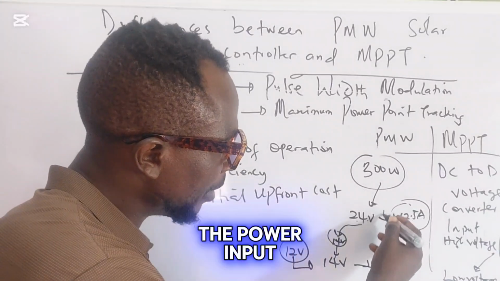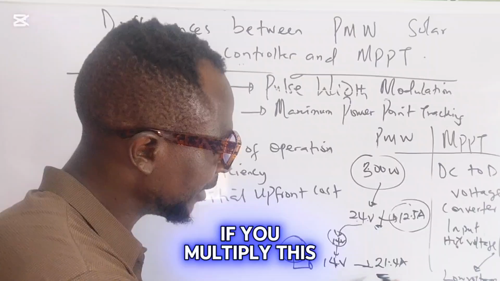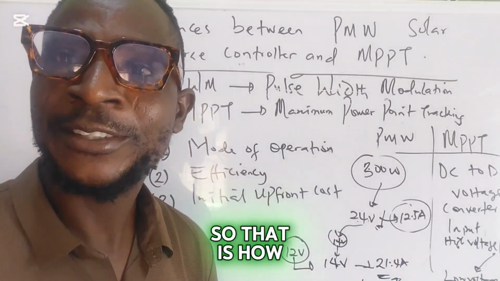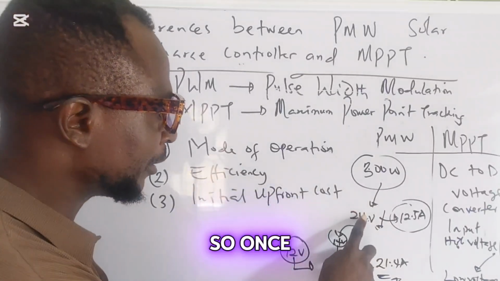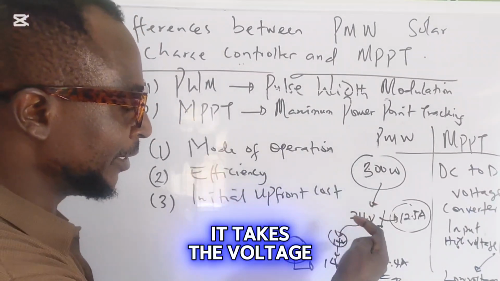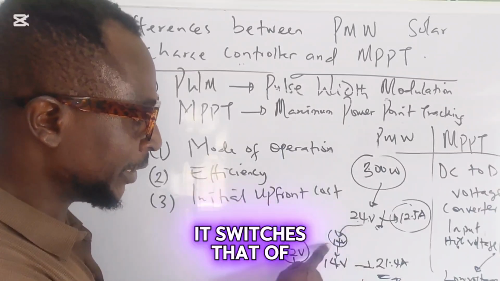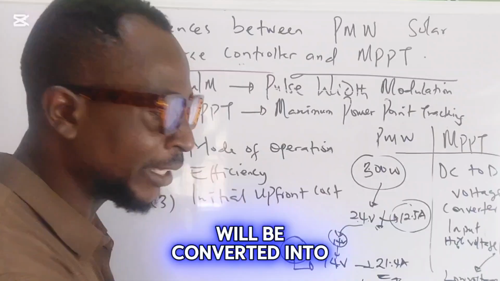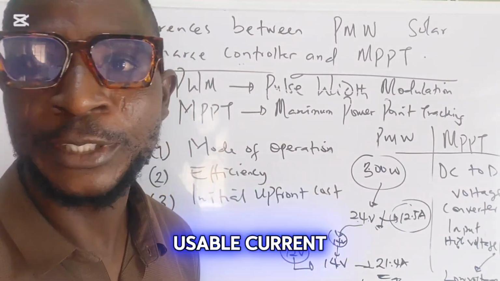So you can see the power input is 300, and at the end, if you multiply this and this, you will get 300. So that is how MPPT solar charge controller operates. Once it takes the voltage and it switches to that of the battery, then the excess voltage will be converted into usable current.